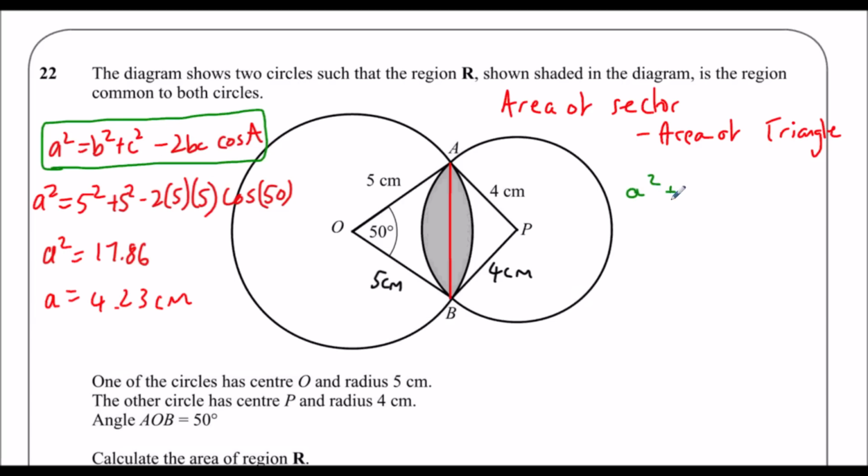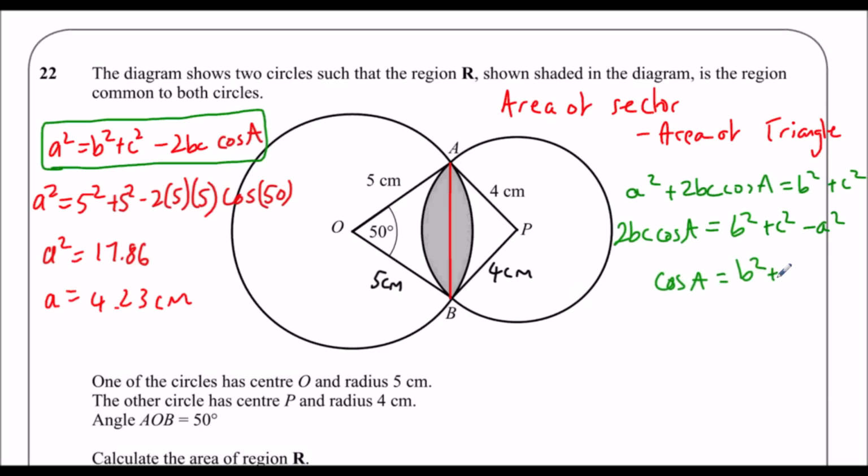So a squared plus 2bc cos A equals b squared plus c squared. Then take away a squared. So 2bc cos A is b squared plus c squared, take away a squared, and then divide by 2bc. So cos A is b squared plus c squared minus a squared over 2bc.